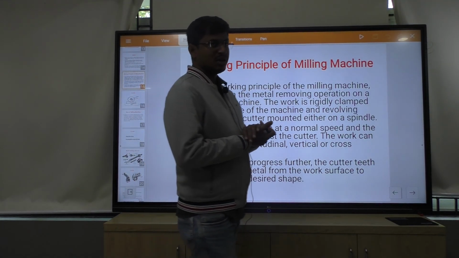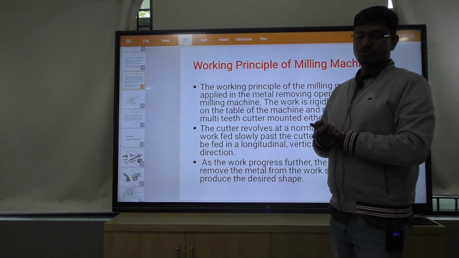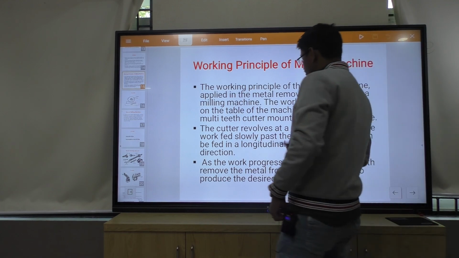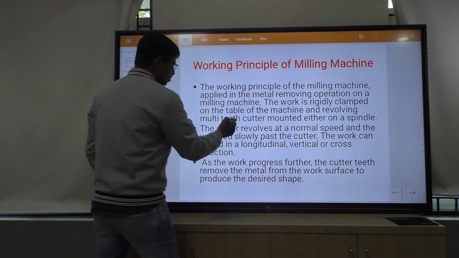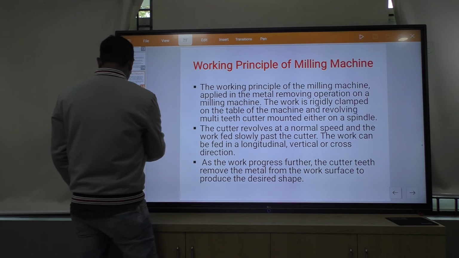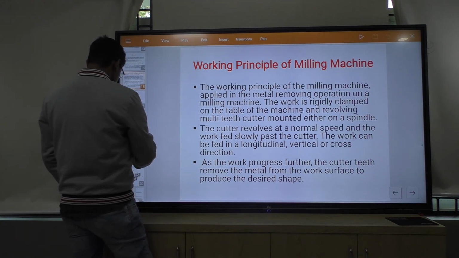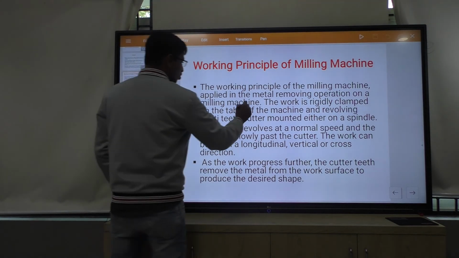Working principle of the milling machine means, first, there is a rotating multi-point cutter.